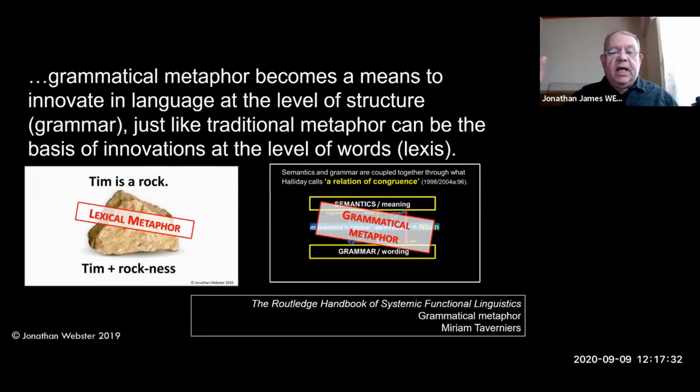And what Halliday is saying is that this way of being able to create grammatical metaphors becomes a means to innovate in language. This is a way to innovate, to be creative. And creative not just in terms of words, but in terms of structures of words, grammar. Traditionally, we think of metaphor as words. And I gave you the example last time. Tim is a rock, and you're assigning the qualities of rockness.